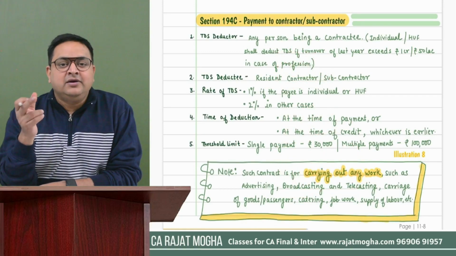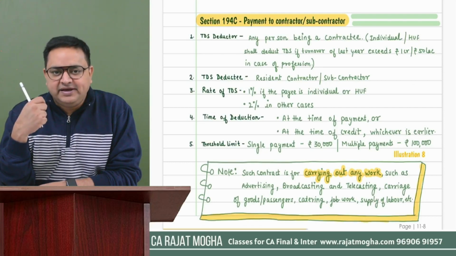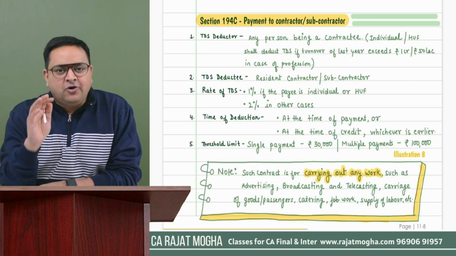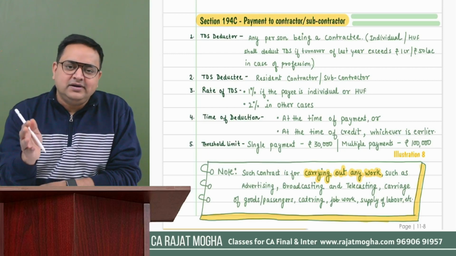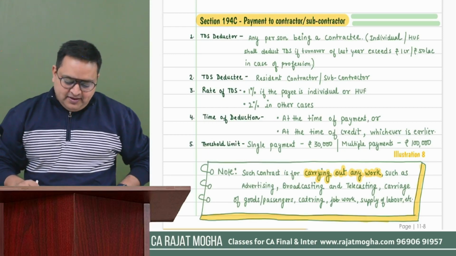In online gaming, whenever you withdraw the amount from that particular application, TDS will be deducted, and also at the end of the year, TDS will be deducted. 30% on net winning.